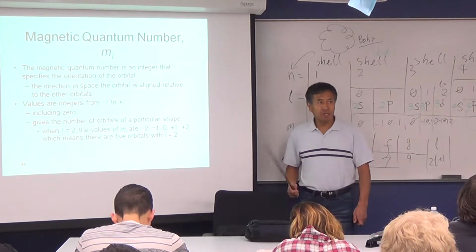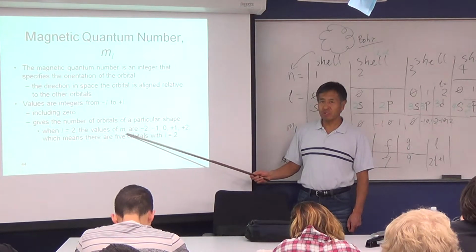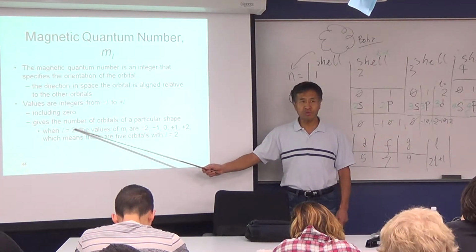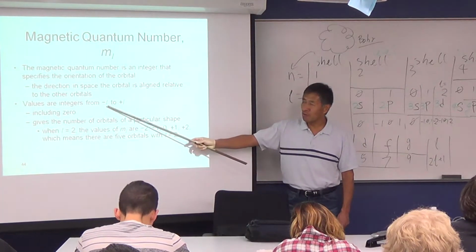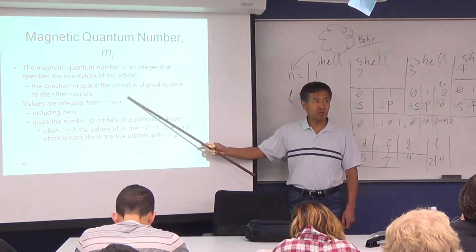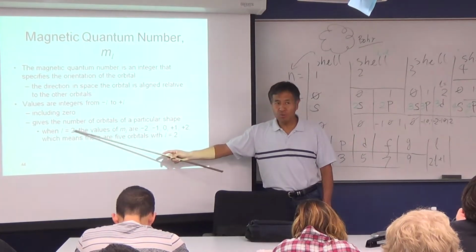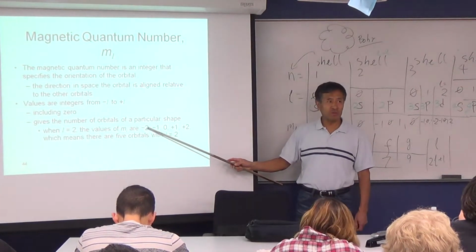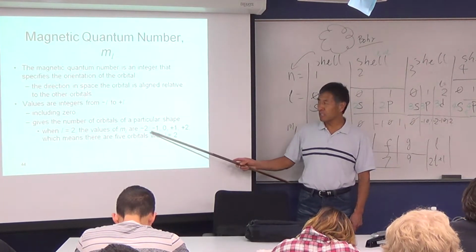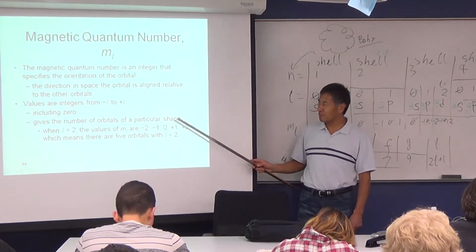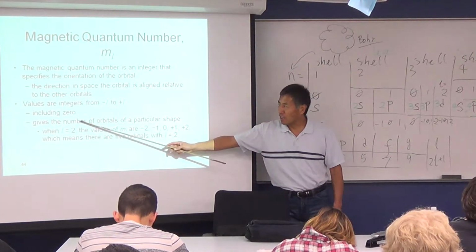So you have those ml numbers. If I tell you l is 2, ml goes from negative l to positive l. So you go from negative 2, negative 1, 0, positive 1, positive 2. All together, 1 number, 2 numbers, 3 numbers, 4 numbers, 5 numbers. 5 numbers means you have 5 orbitals.